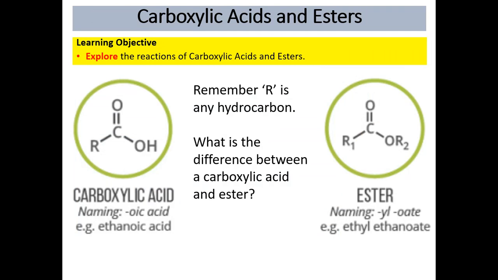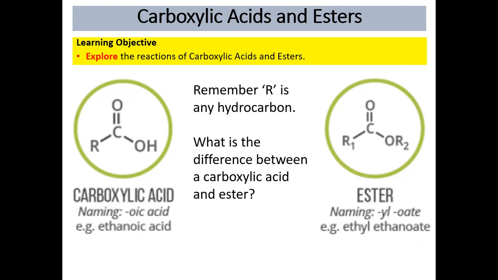So if you look at the left-hand side, carboxylic acids, so for example, ethanoic acid, the names will always end in oic. So oic acid, so ethanoic acid, propanoic acid, and so on. Now, if you look at the diagram above it, you can see that you've got your R, and remember that's basically any alkane, and so the last hydrogen is replaced with this structure.